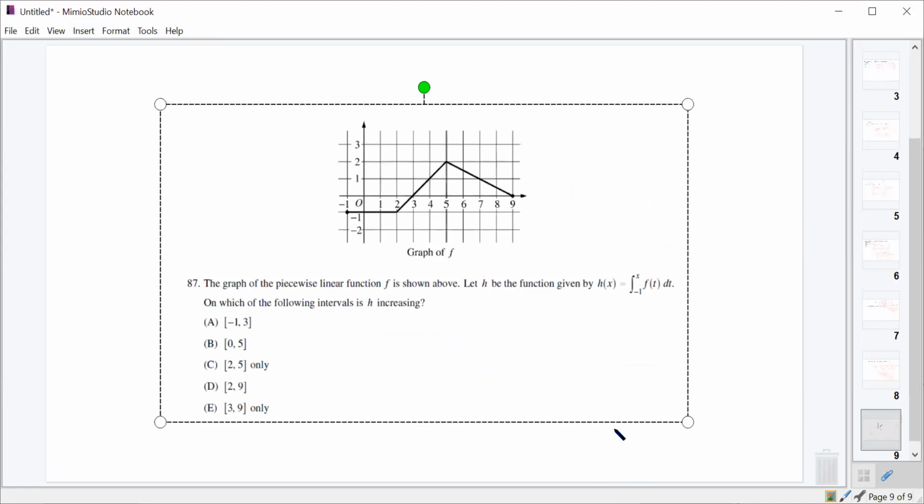All right, so for 87 here, we've got a piecewise linear function. And we know that h is the integral of this function from -1 to x.